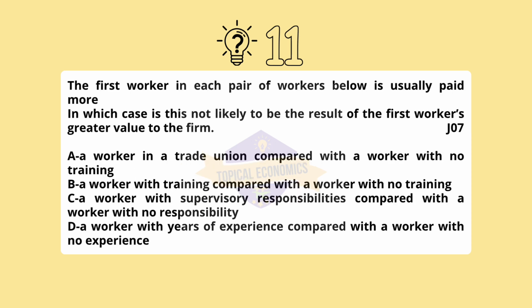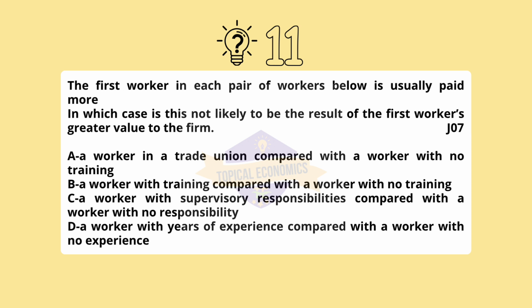Coming to the 11th question, this is again from June 2007. The first worker in each pair of workers below is usually paid more. In which case is this not likely to be the result of the first worker's greater value to the firm? Option A, a worker in a trade union compared to a worker with no training.